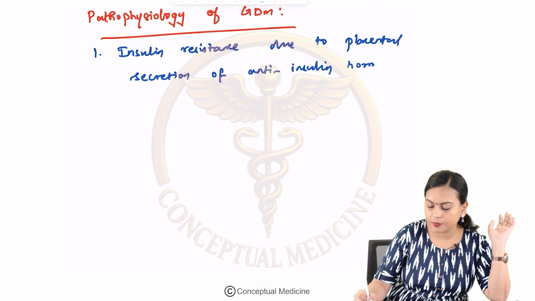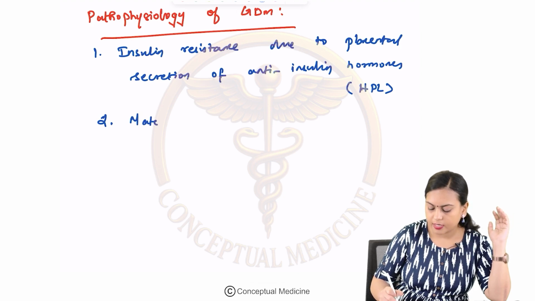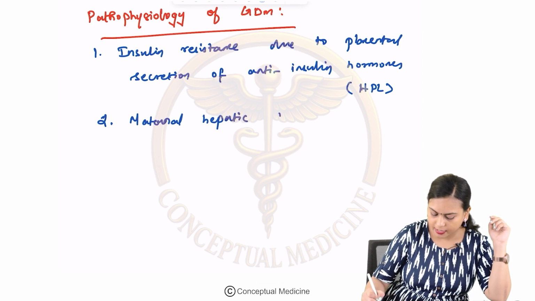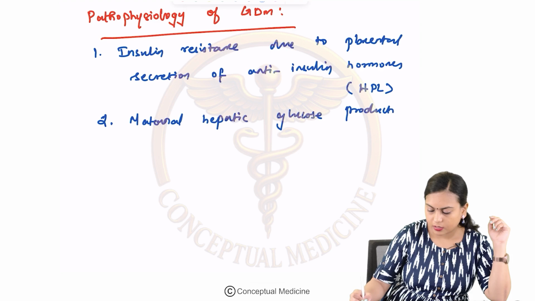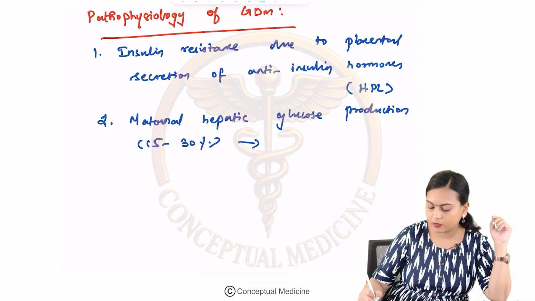Especially, which is the important hormone? Yes, HPL. Second one, there is maternal hepatic glucose production, and this will increase by 15 to 30%. Why? To meet the fetal demand in pregnancy.